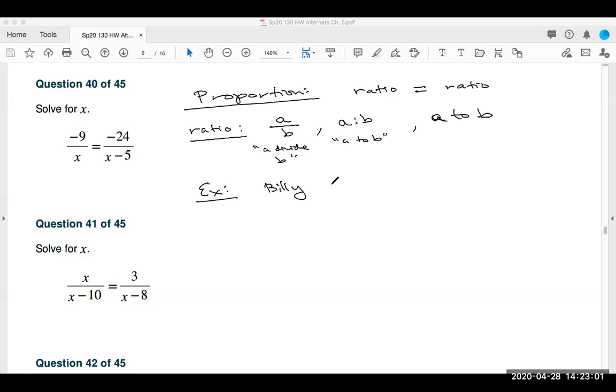Billy drives 65 miles in 3 hours. Make a ratio of Billy's speed.